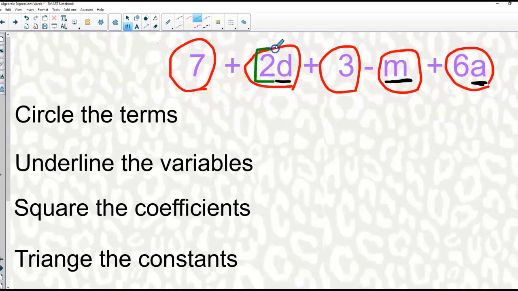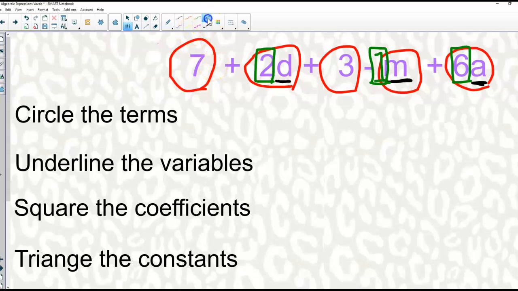So this would be a coefficient, right? It's in front of the letter d. This would be a coefficient because there is a 6 in front of a. And also, don't forget, m has a coefficient in front of it. It has the coefficient of 1. So I'm going to put a 1 there and put a little square around it. These do not have letters, so they are not coefficients.